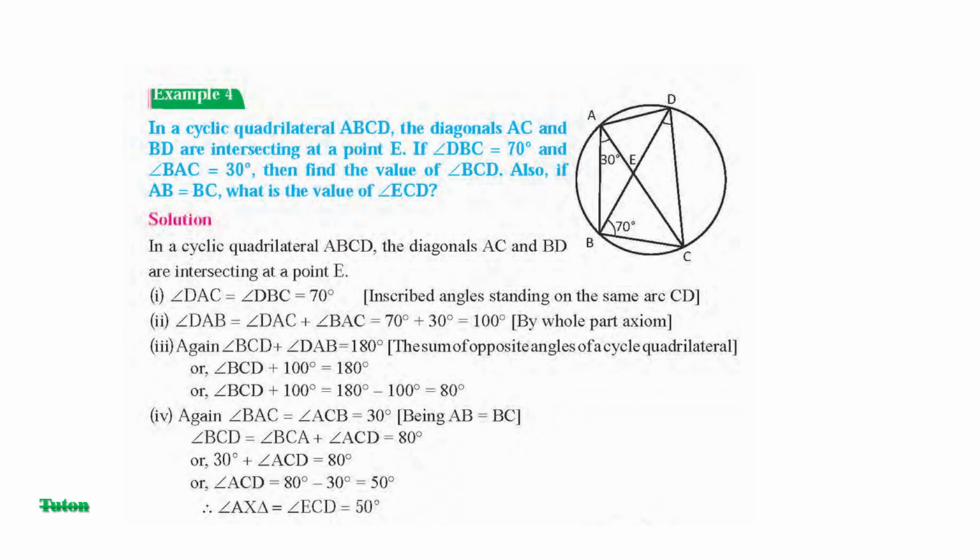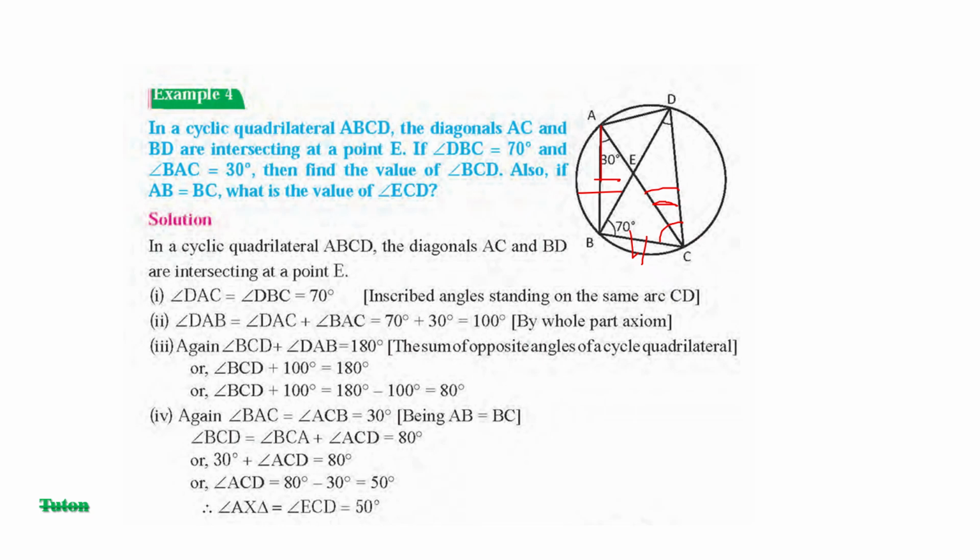Here we have been given a circle ABCD and a cyclic quadrilateral ABCD, and we have been given these two angles, and we have to find the value for angle BCD. Finally, we have been given AB is equal to BC, and we have to find the value for angle ECD, this one.